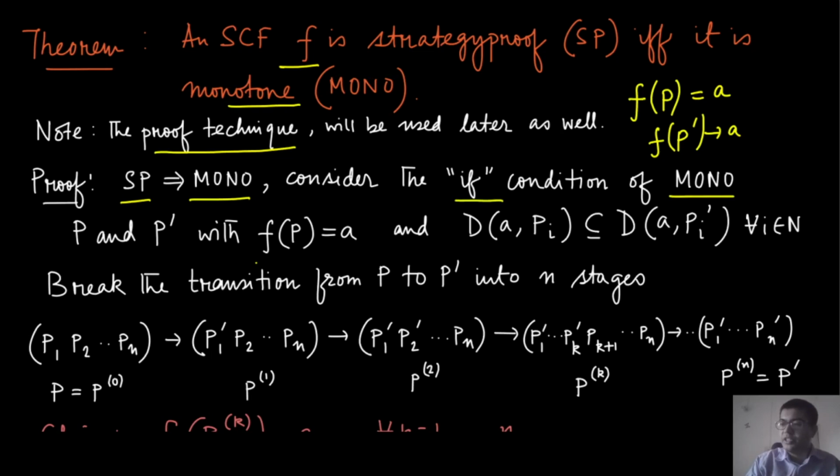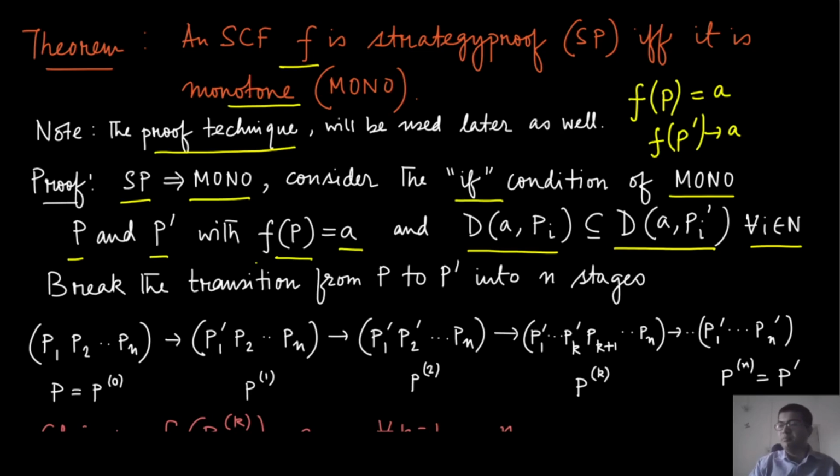You have two preference profiles, P and P prime, and in the first preference profile, the social choice outcome is A. And the dominated set of A, that is, all the alternatives that are below A in Pi, will continue to be below A in Pi prime, and this should hold for all players i in N. So this is the if condition. Now we have to show, using the property of strategy-proofness, that f of P prime should also be equal to A. Now how can we prove that?